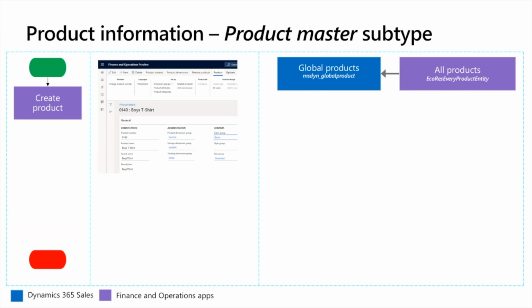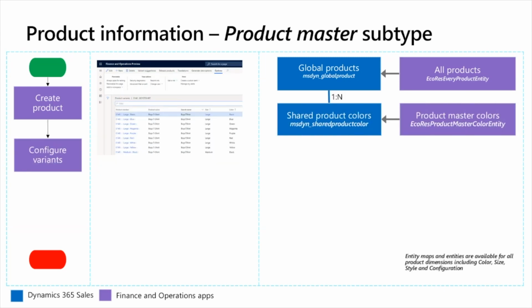From a product master subtype, we see here the creation of products is much the same. In this example, you can see a boy's T-shirt that has product dimension groups of size and color. So it starts off much the same as the other scenario. And when we start adding the variants and configuring those, we have these additional flows that kick in. This example depicts just the color entities flowing, but as you can imagine, it supports size, style, and configuration.